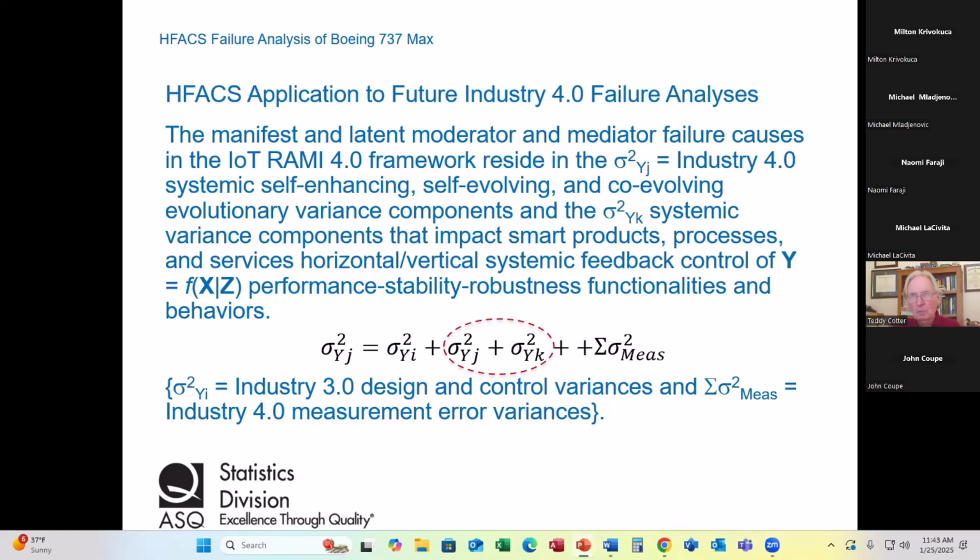There's also been some work, if I recall that discussion, on experimental design within data analytics. But again, it's not really organized, as Milt indicated earlier. So from that work, I decomposed the variance components of Industry 4.0 design and control and the added variance components of Industry 4.0 Internet of Things.